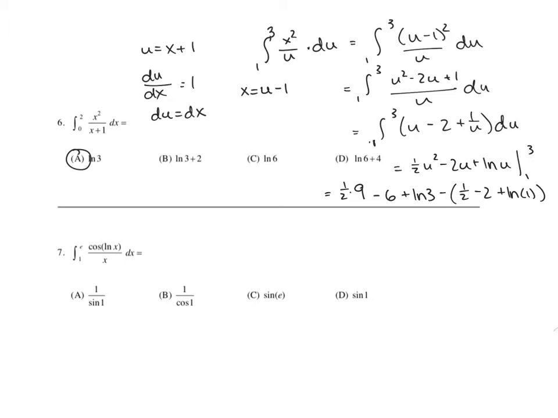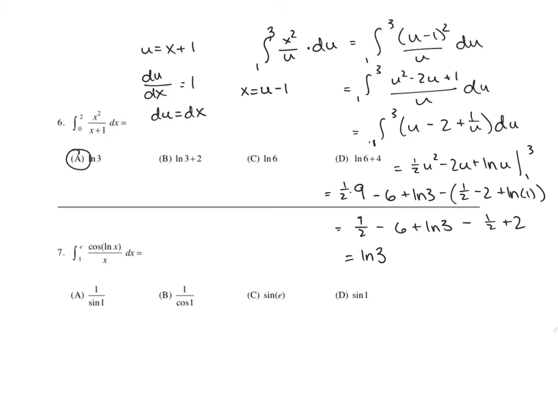So the key to this is that ln of 1 is 0. So I have 9/2 minus 6 plus ln 3 minus 1/2 plus 2. And if we simplify all this, the 9/2 minus 1/2 is 8/2, so 4. 4 minus 6 plus 2, those all clear each other out. We're just left with the ln 3.